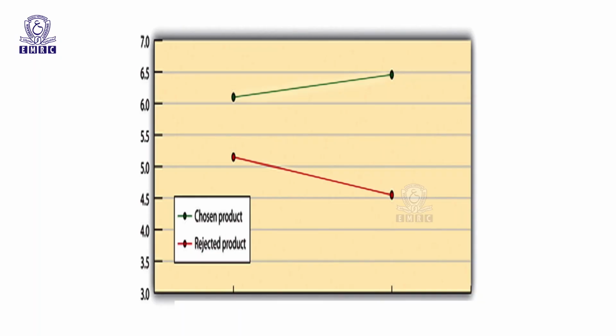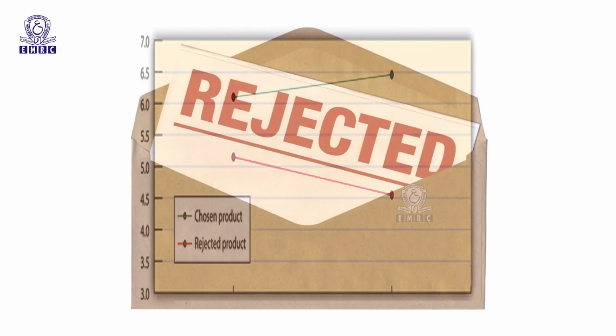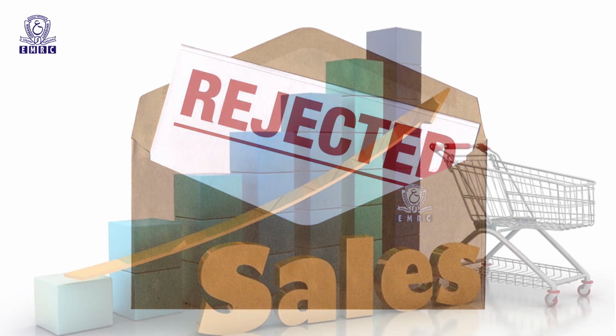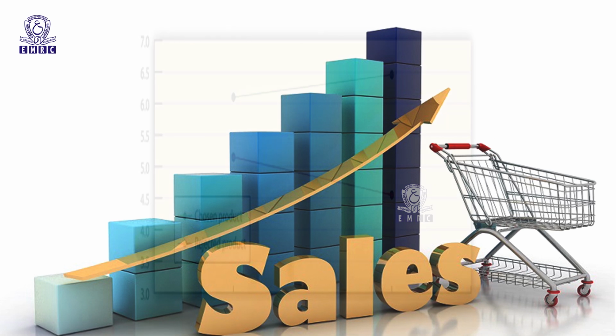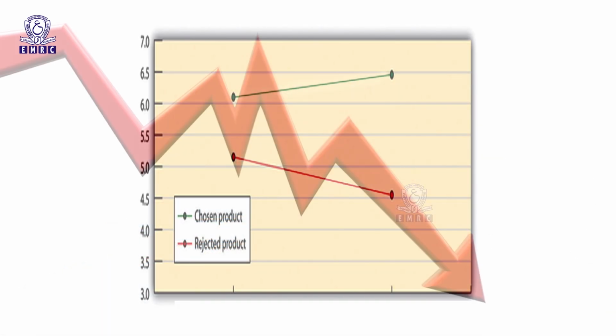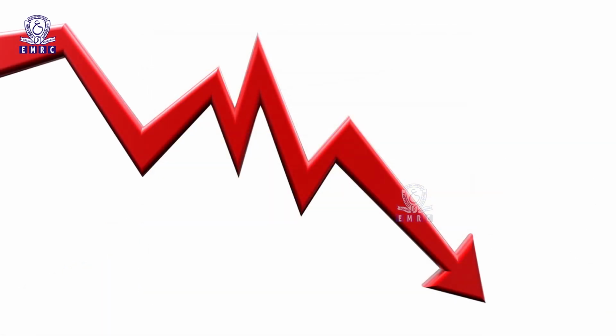However, closer inspection of the behavioral patterns in this free choice paradigm reveals that prior to the decision, individuals often pay closer attention to the item they eventually reject, and immediately after the choice, the rejected alternative increases in its attractiveness and the chosen alternative's attractiveness decreases, which means there is a regret.